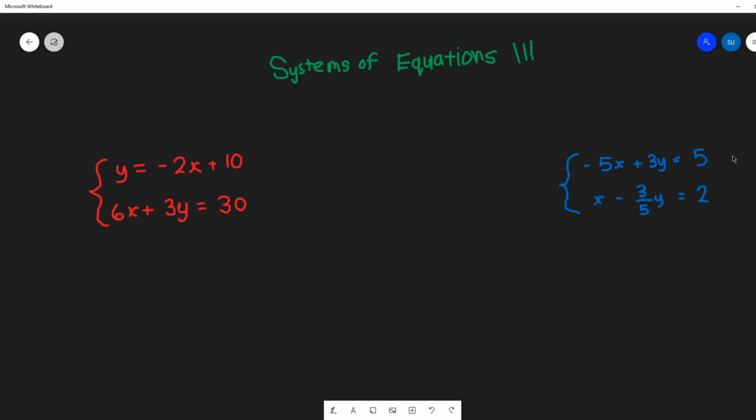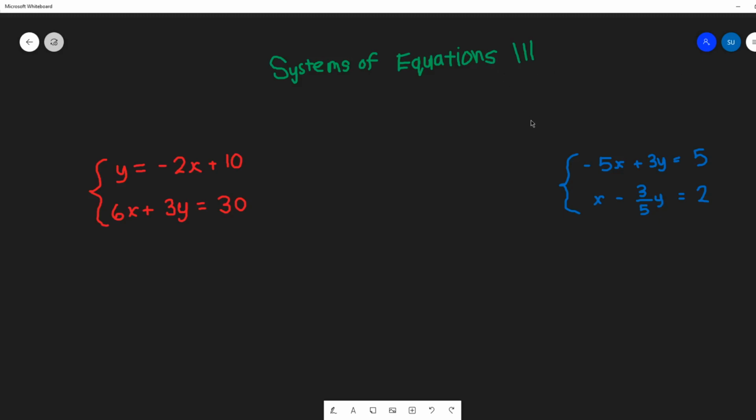For no solutions, it would give you an untrue statement, like 0 equals 3, which is just straight up not true. Or for all solutions, you would have something like x equals x, or maybe 1 equals 1, 2 equals 2. For any value of x, you would get a normal solution. So that would make it all solutions.